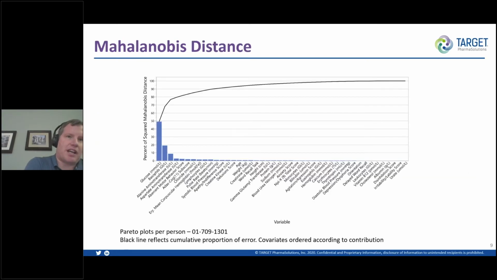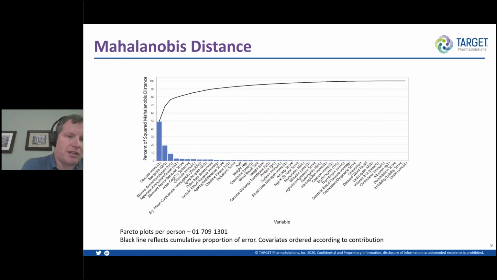And with these PIJ, we can create a Pareto plot similar to what we did in the first example when we were talking about hospital medication orders. Except here, I'm ordering the x-axis according to the individual contributions of the covariates to the particular outlier distance for a subject.